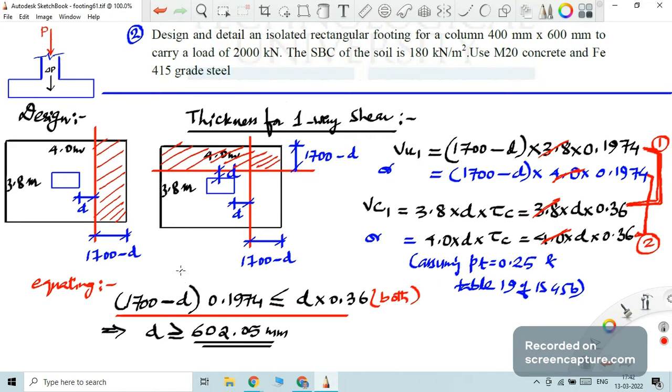By some reasons, if you have space issues, then this is not going to happen, and in that case you cannot use this. So whenever you do a BTech problem or a question paper, if you don't have a space restriction, try to use the same width or same projection beyond the column face.